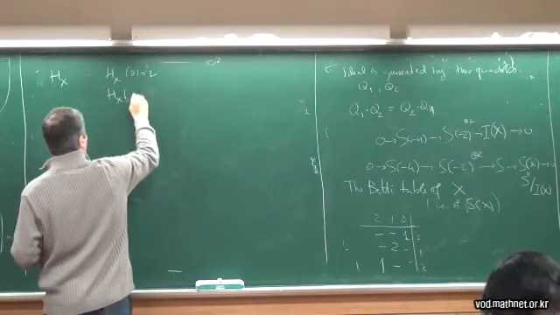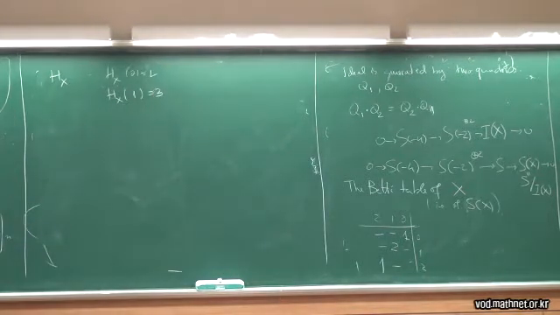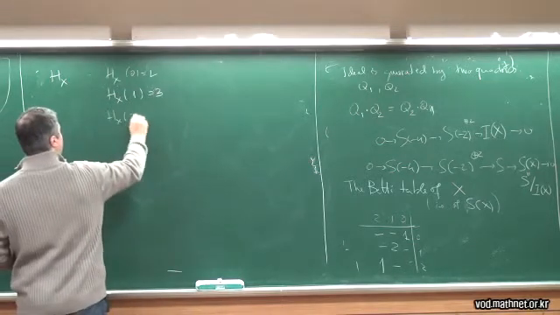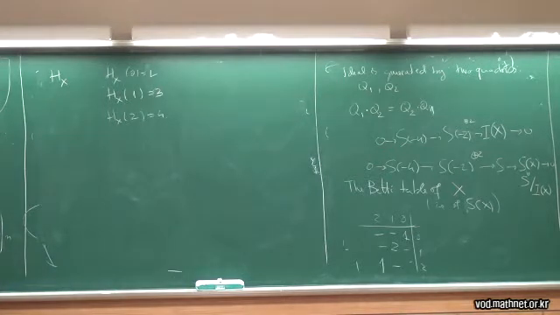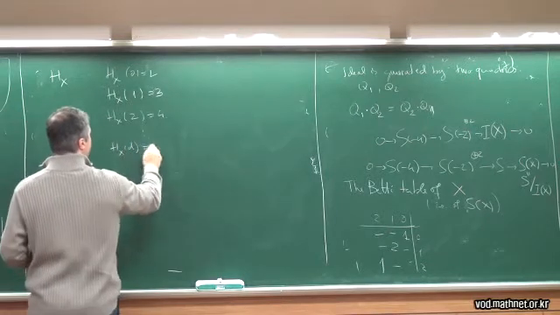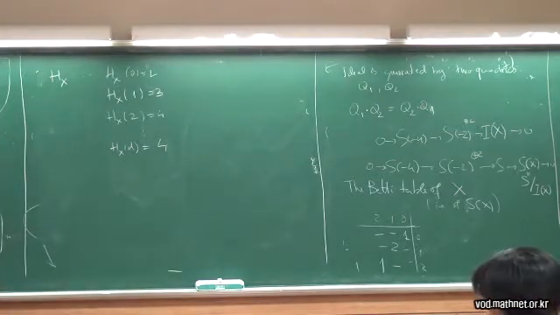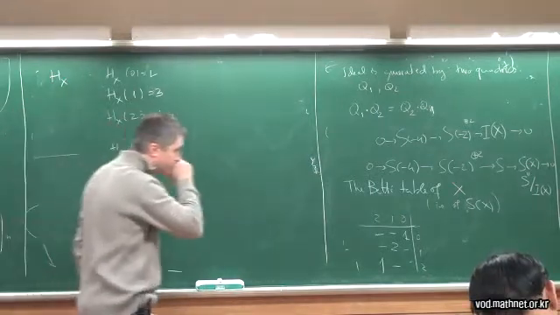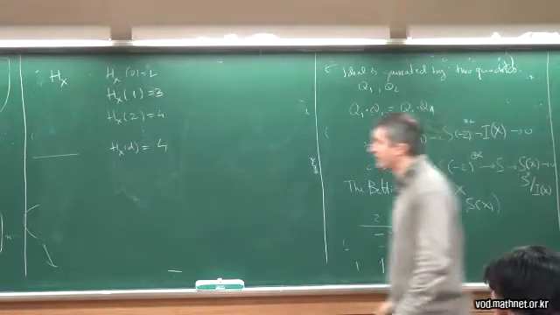H_X of 1 is 3, because they are not all on a line. And H_X of 2 is 4, meaning that they impose independent conditions on quadrics, and so on. So it becomes stationary at 4, which makes sense because we have 4 points. So this is the Hilbert function. Now for the second case, what was the situation?